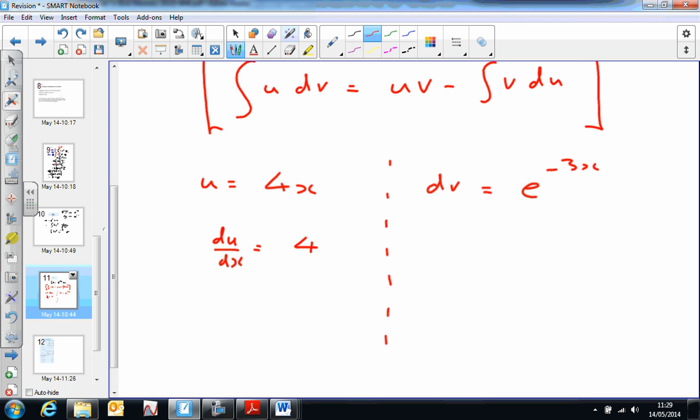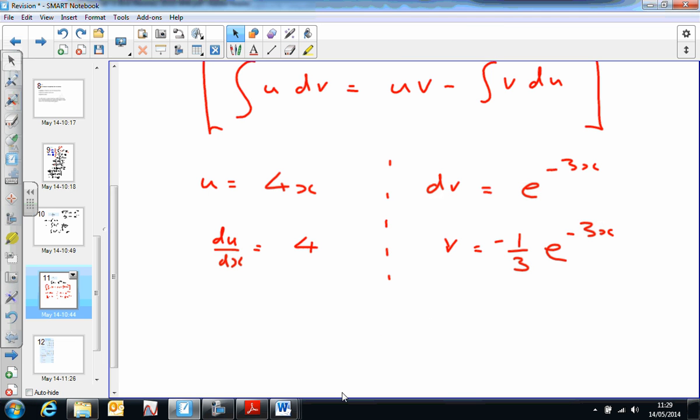And dv, if I integrate that, it stays as e to the minus 3x, but the number comes out and goes underneath. So this v will equal minus a third, effectively, e to the minus 3x. So the minus 3 comes out and goes underneath.